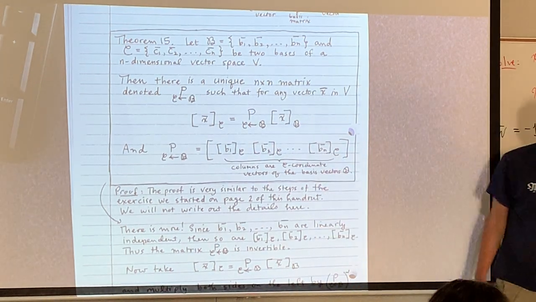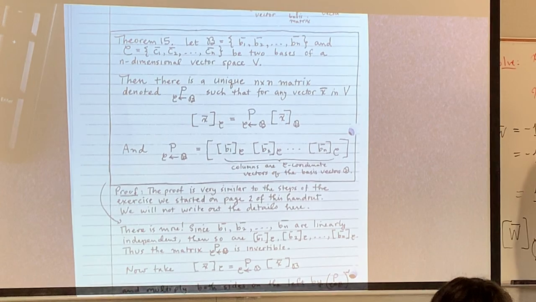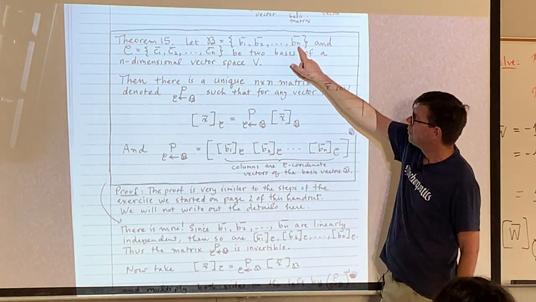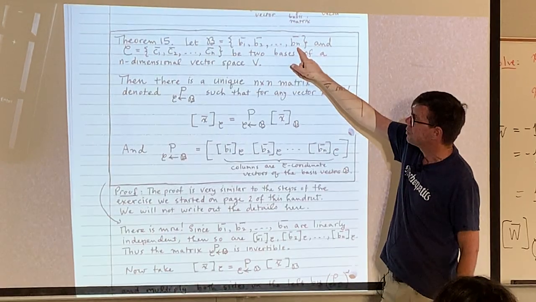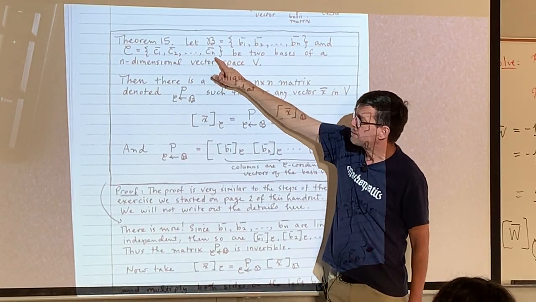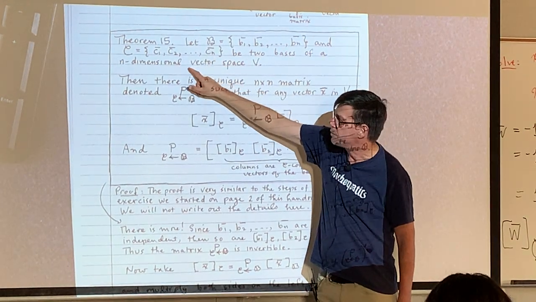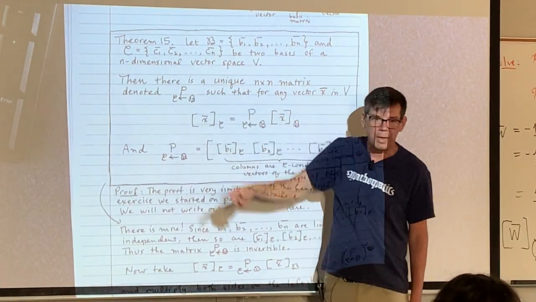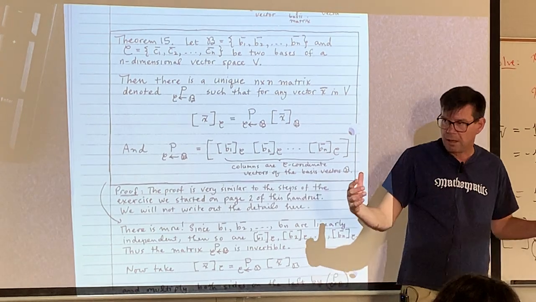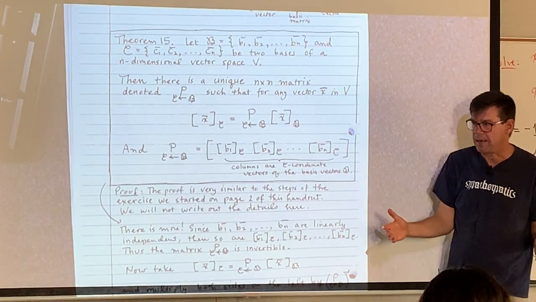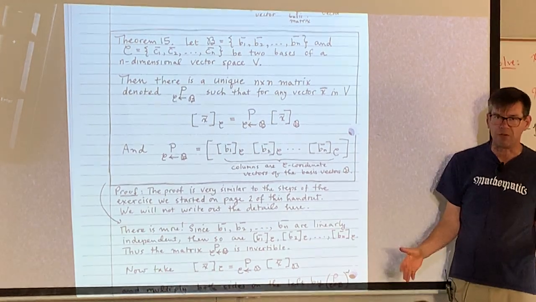I think that gets lost in the shuffle a little bit. The number of vectors in the B basis has to equal the number of vectors in the C basis, because we now know if we have an n-dimensional vector space, all bases have the same number of vectors. So if the dimension is n, any basis has n vectors.